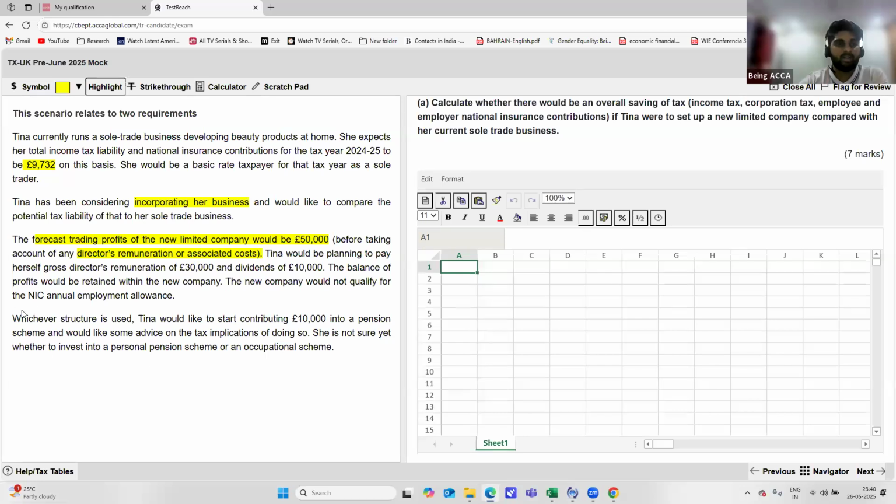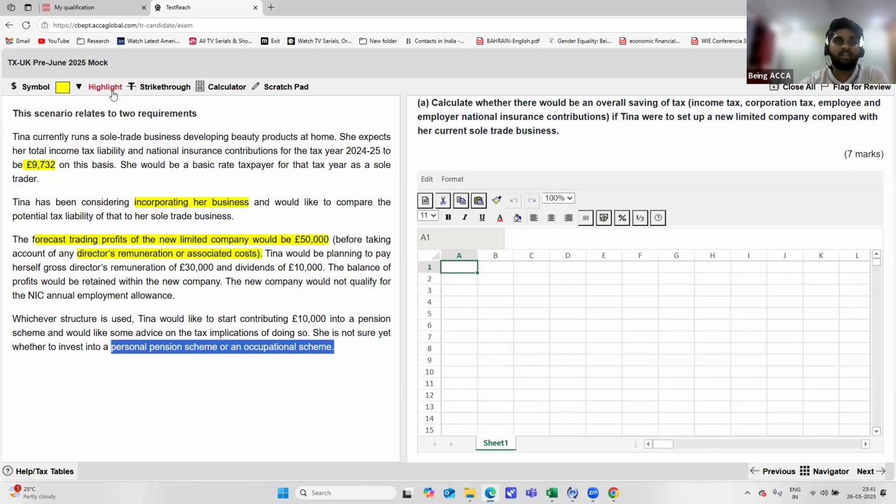Now let's see the next part. Whichever structure is used, Tina would like to start contributing 10,000 into a pension scheme and would like some advice on the tax implications of doing so. She's not sure yet whether to invest in a personal pension contribution or an occupational scheme. So she's confused between a personal pension scheme or the benefits of an occupational scheme.